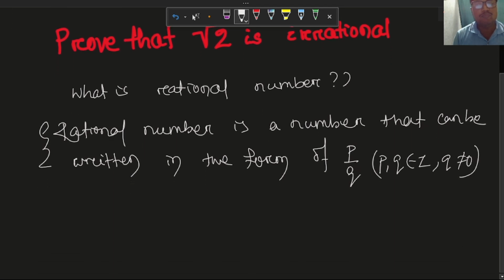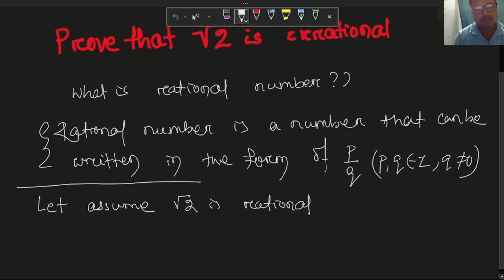In order to prove root 2 is irrational, the method we use is called the method of contradiction. That means we assume a statement that contradicts our question. So let's assume root 2 is rational.